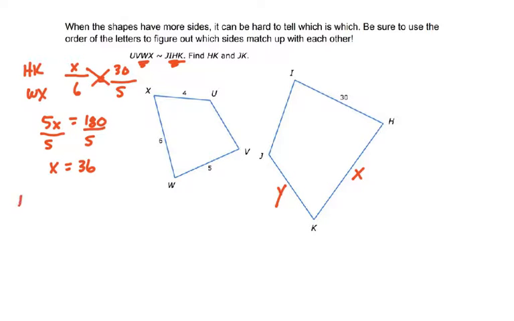For JK is the first letter and the last letter of its quadrilateral. So it must match UX. JK is Y, UX is 4. And the good news is we can actually use the 30 over 5 again.